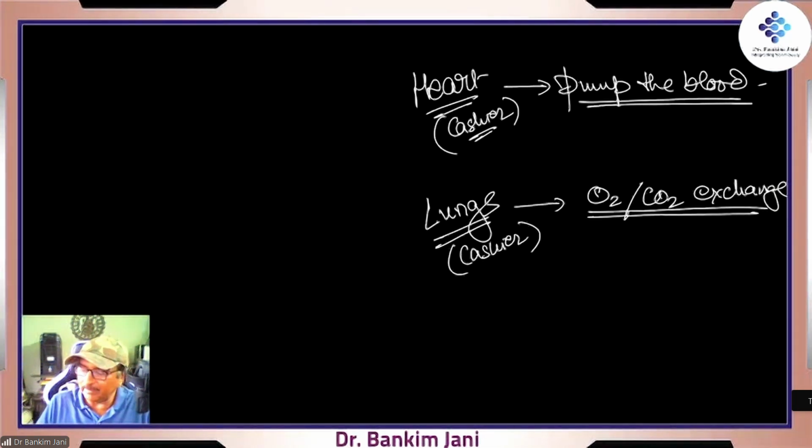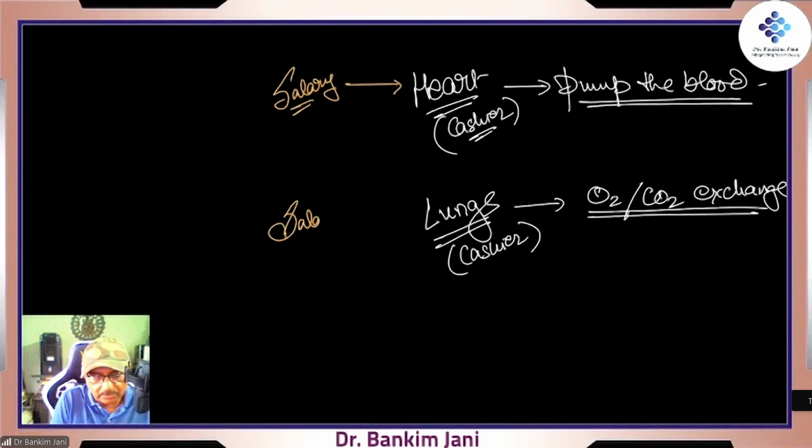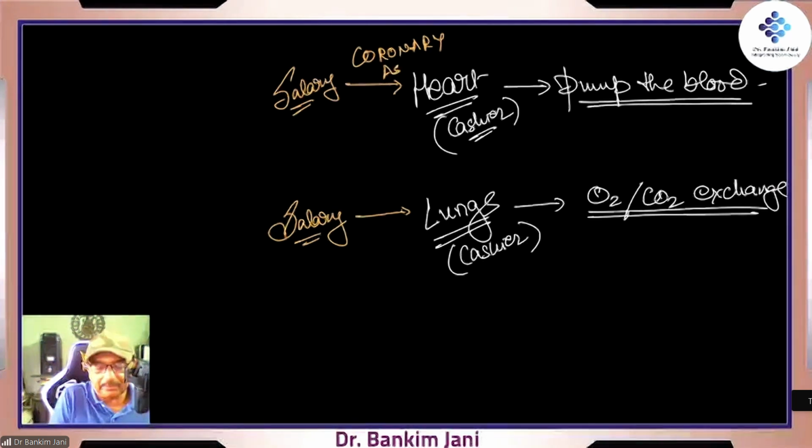So they say that you will be given your pay. You are on a pay scale. The heart will give you the salary, and the lungs will also be giving you the salary. You just keep on doing the assigned work, and that salary, in the case of the heart, is the coronary circulation, coronary arteries and coronary veins.